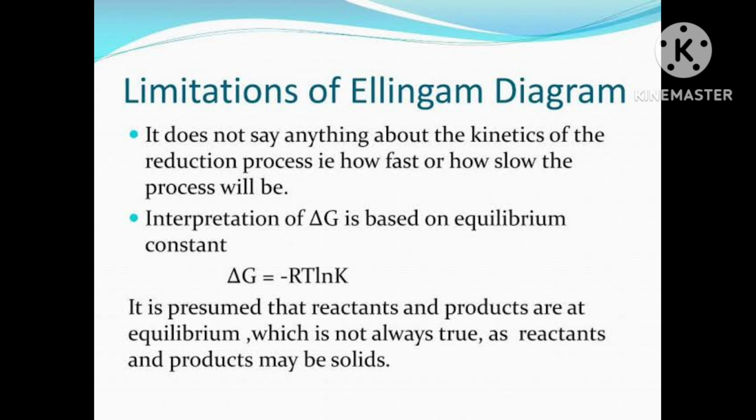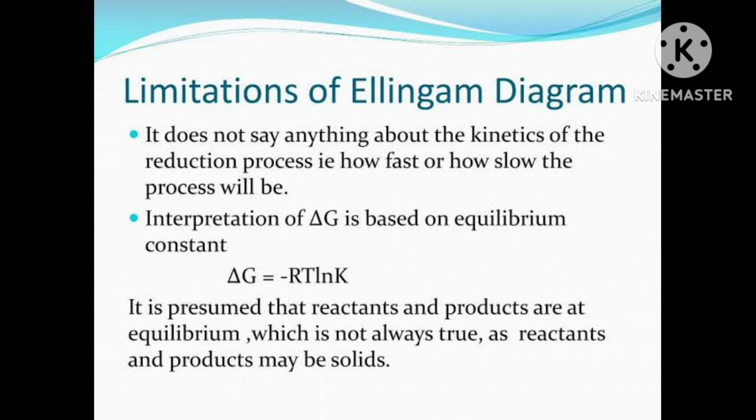Two lines will be there, both intersecting. I am talking about those two lines. For each line a delta G value will be there. The difference in the two delta G values after that point determines whether reduction of the oxide of the upper line is feasible by the element represented by the lower line.